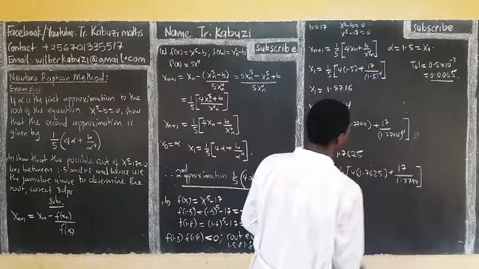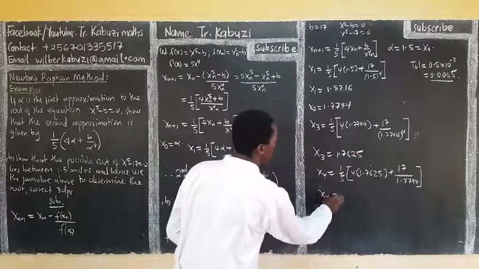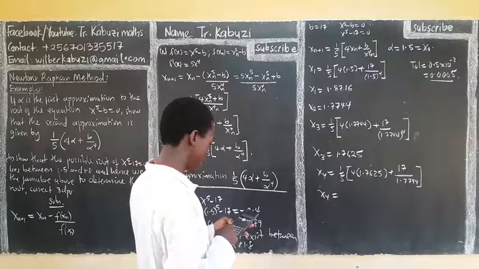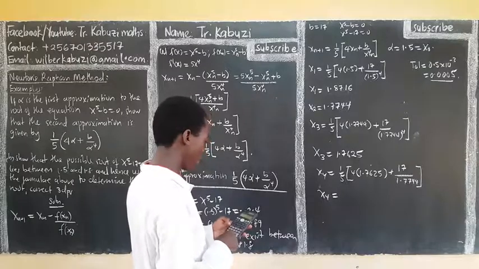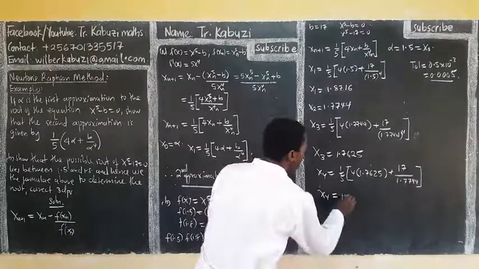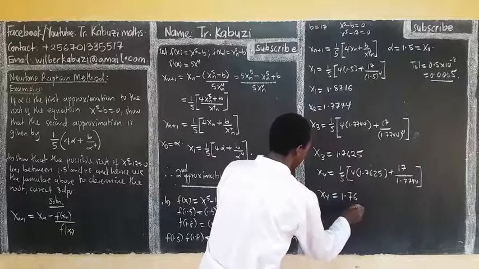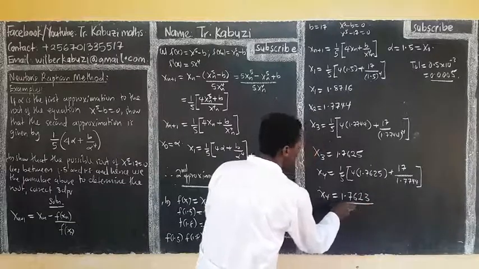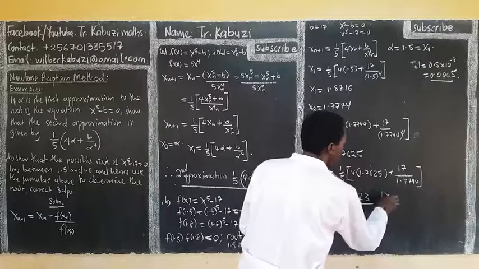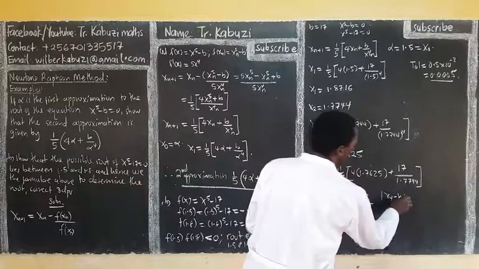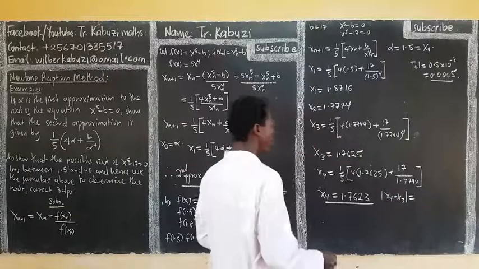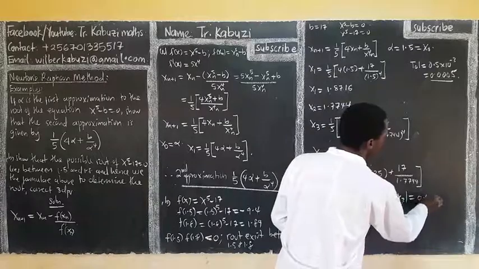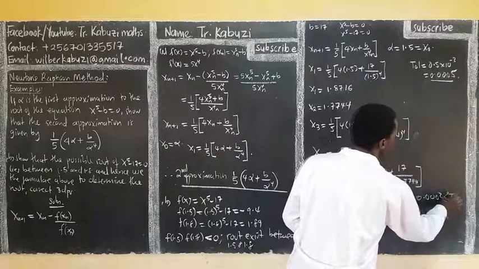Then cross this, and so your x4 is going to give you 1.7623. Then when I check on the tolerance, x4 minus x3, when I subtract this from this, I get 0.0002, which is less than the tolerance.